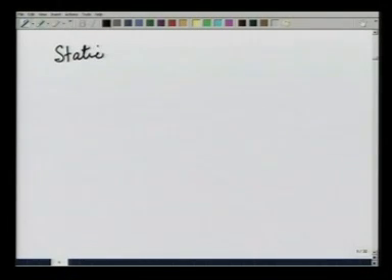Next, a very important thing let me talk about is static indeterminacy.